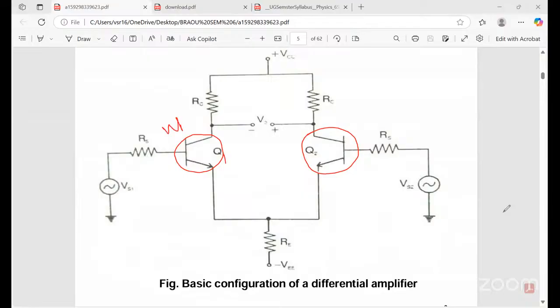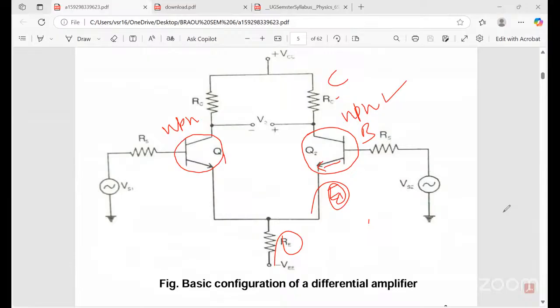NPN transistor, and this is also an NPN transistor. Why NPN? The current is flowing toward the emitter. The bottom is the emitter, RE means emitter, and RC is at the top. The center one is the base. The current flowing from the base to the emitter occurs in the case of an NPN transistor.